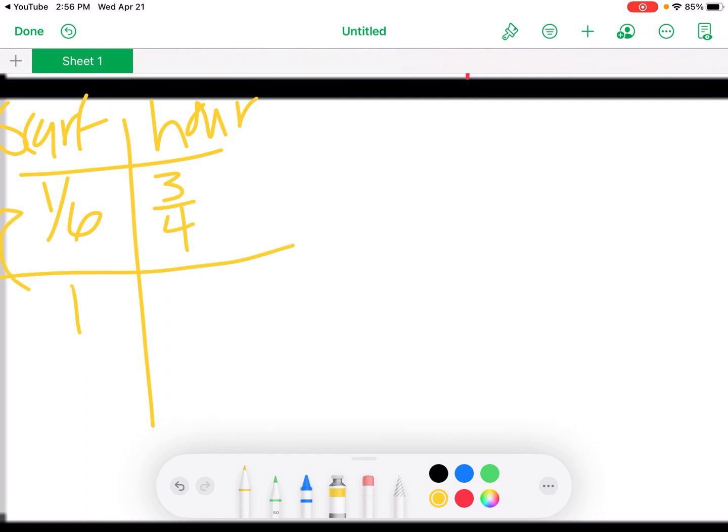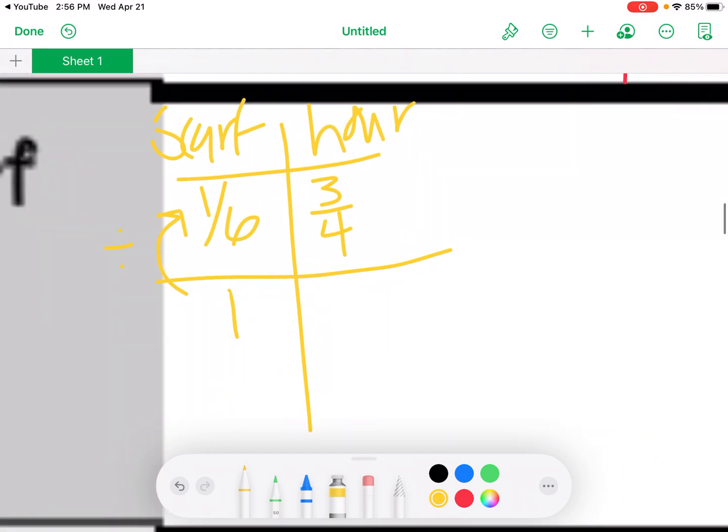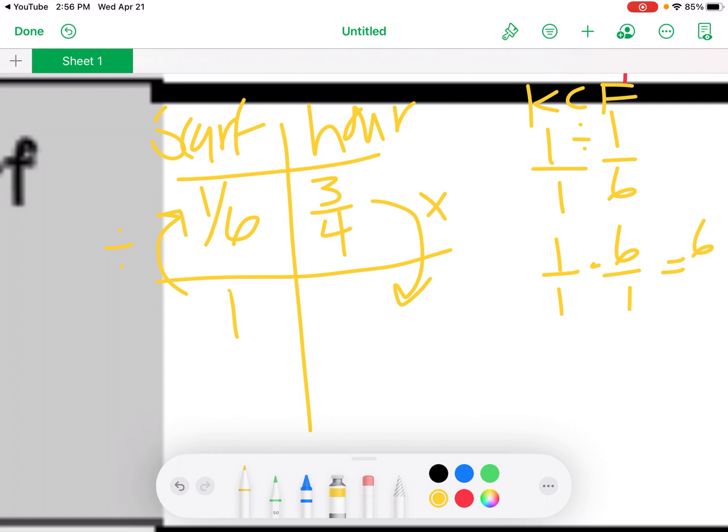So we're going to divide going up and multiply coming down. So 1 divided by 1/6. Remember, you keep, change, flip. 1 over 1 times 6 over 1, and we get 6 over 1. So that's just 6.